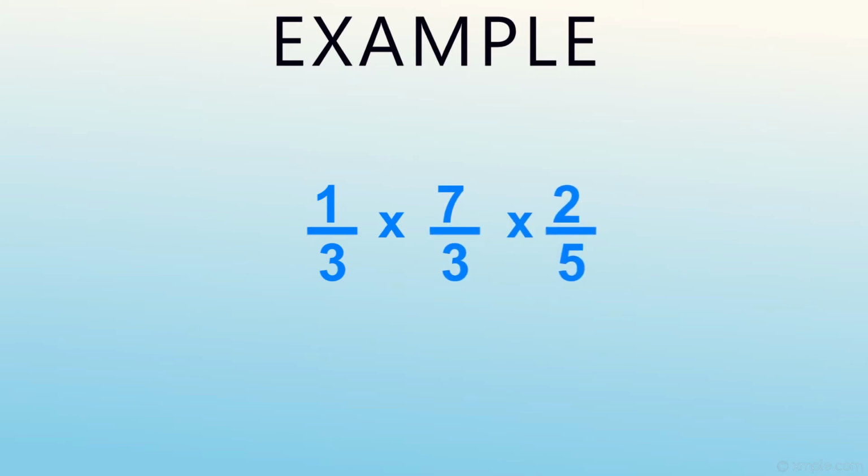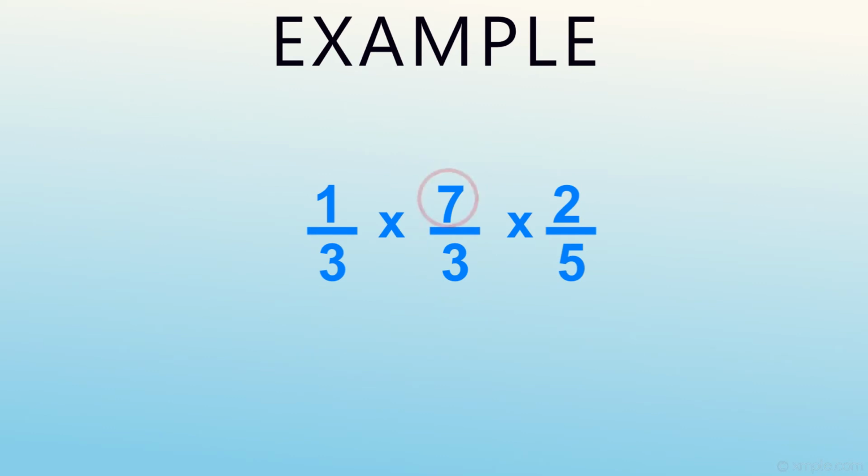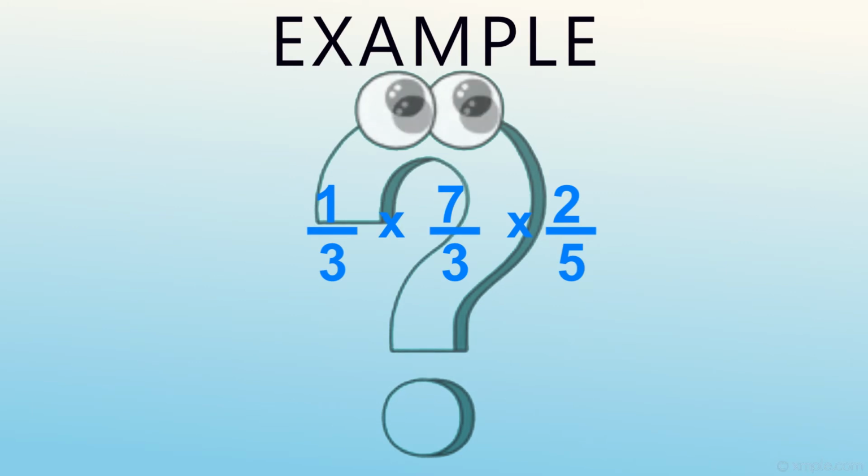Alright, let's see one last example, which is 1/3 times 7/3 times 2/5. Wait a minute, this has 3 fractions multiplied together and the middle one looks like an improper fraction because its top number is bigger than its bottom number. Does our procedure work for this problem too?